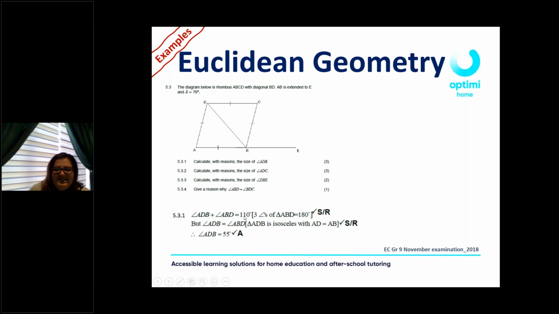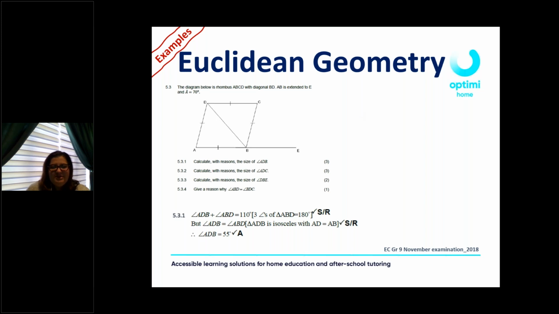And this 110 just comes from your 180, which is the sum, minus the 70 degrees of your angle A. But they say that the two angles are the same because it is an isosceles triangle, and therefore it is 55 degrees.